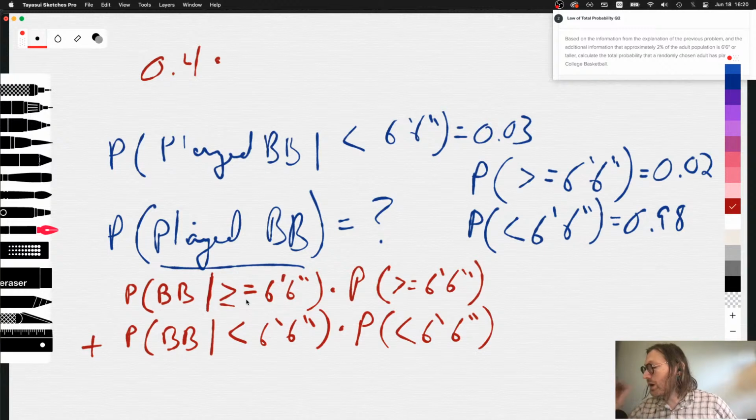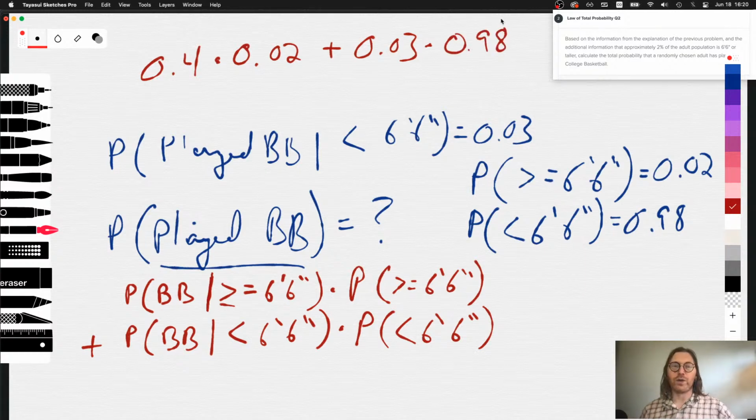Sorry, looking at the wrong one, which is 0.02. And then that is composed with probably playing basketball if you're less than 6'6", which is 0.03, multiplied by the probability of being shorter than 6'6", which is 0.98.